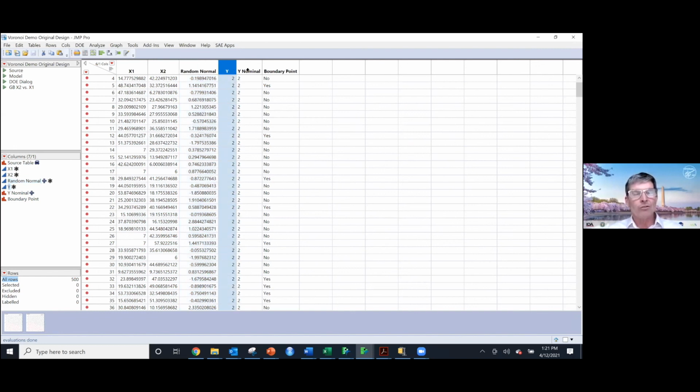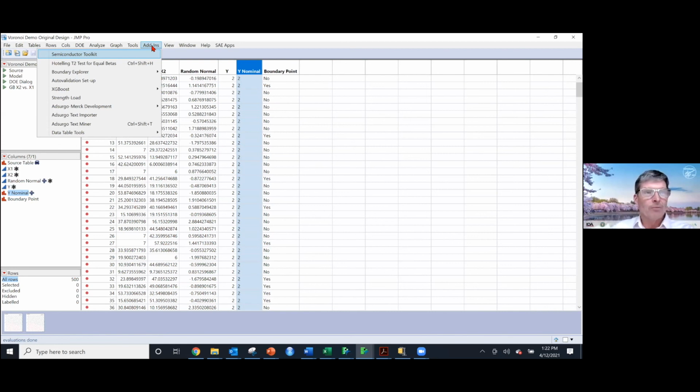And then I have two responses. One is the continuous variable y, which is a probability between 2 and 10. And also a nominal variable, y nominal. They're exactly the same, only one's continuous and one's categorical, but the point being you can do either one. So how do I go about doing this?